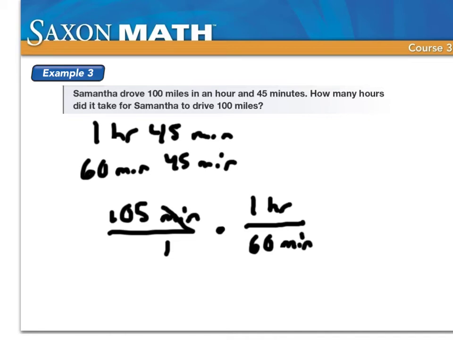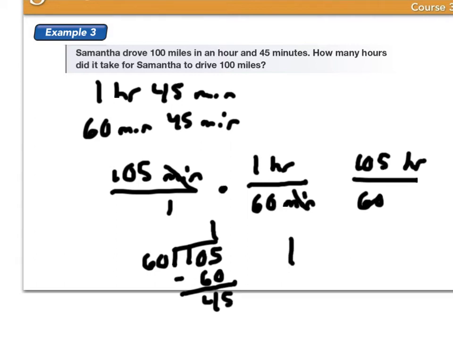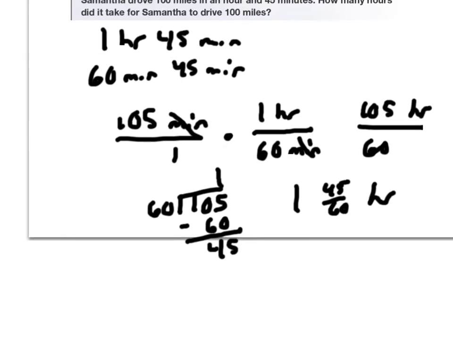Okay, and again our minutes cancel, so we multiply, we get 105 with the label hours over 1 times 60 is 60, and now we need to divide 105 by 60, and 60 goes in there once, and leaves us with 45 when we subtract, so we get 1 hour and 45 over 60 for our number there.